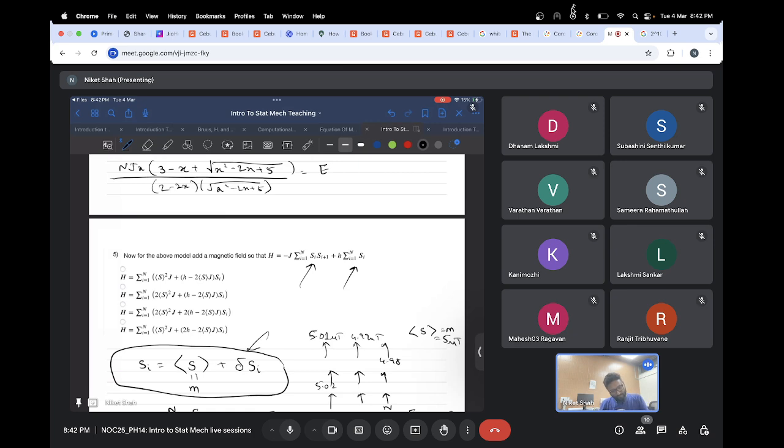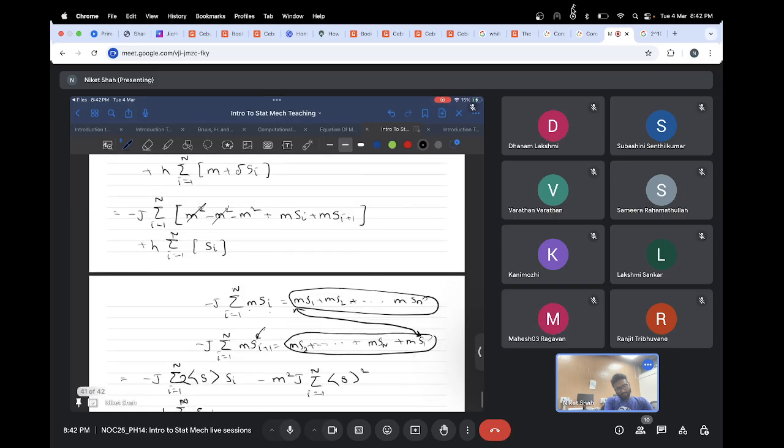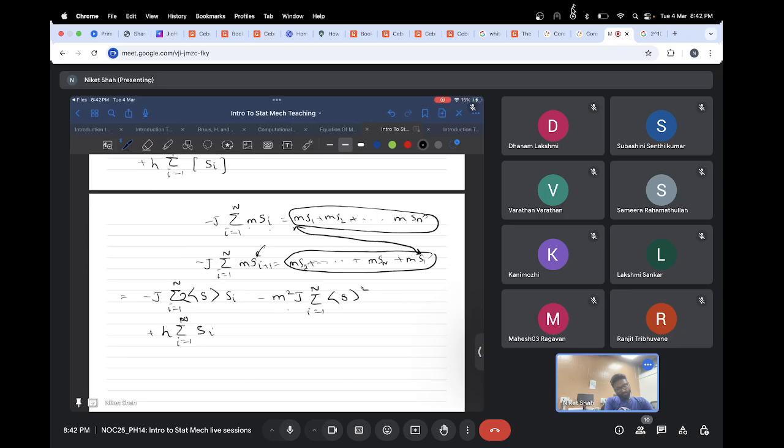Yes, so the first term is plus 2, minus 2J, and this is h. So this seems like the answer. This is the answer we have derived. If you check, this is 2M square into J.